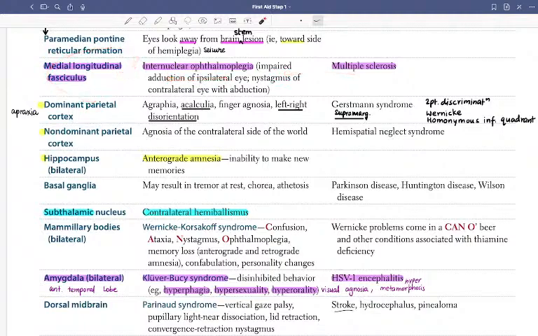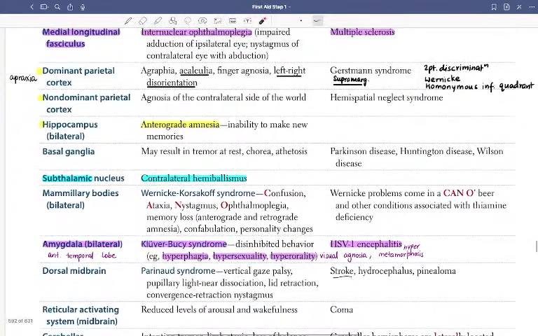Okay, next is dominant parietal: apraxia, acalculia, left-right disorientation, Gerstmann syndrome, very important. Okay, I had said also over there, Gerstmann syndrome, 2-point discrimination. We can have Wernicke's also, and homonymous inferior quadrantanopia. So Gerstmann syndrome is basically angular gyrus, dominant parietal lobe.